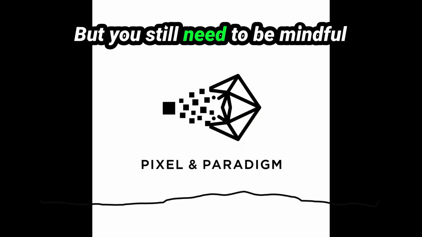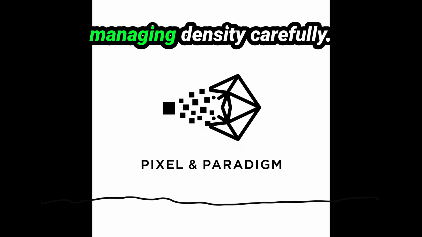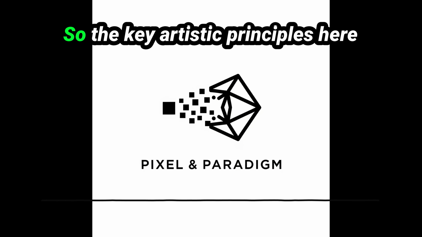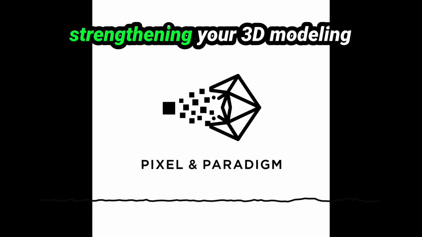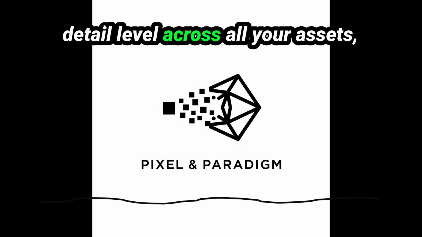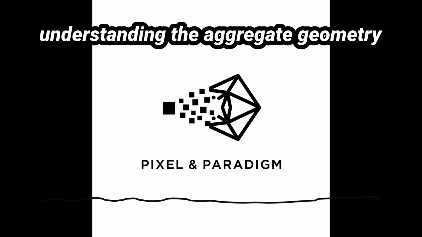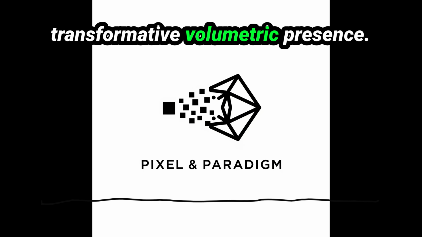But you still need to be mindful of challenges like Nanite's handling of aggregate geometry and managing density carefully. So the key artistic principles here are using purposeful polygons, strengthening your 3D modeling fundamentals, maintaining a consistent detail level across all your assets, understanding the aggregate geometry challenge, and aiming for that transformative volumetric presence.